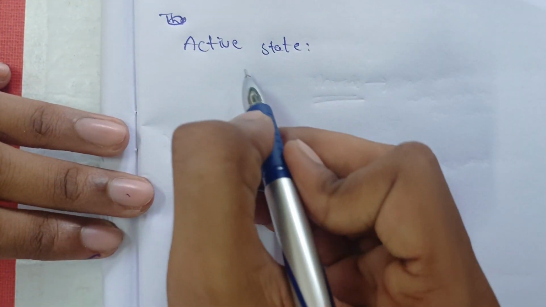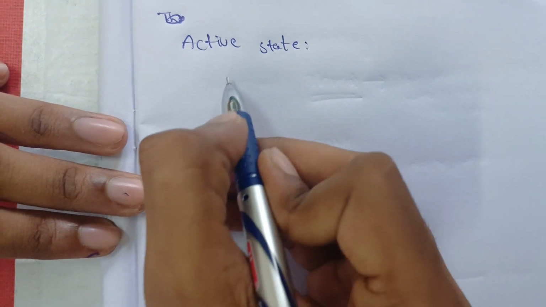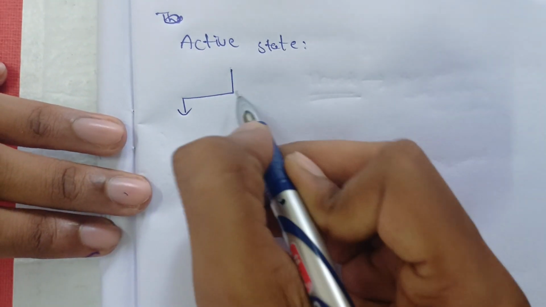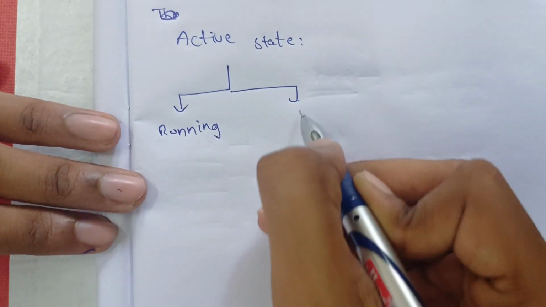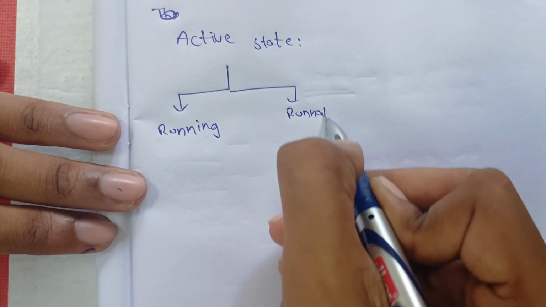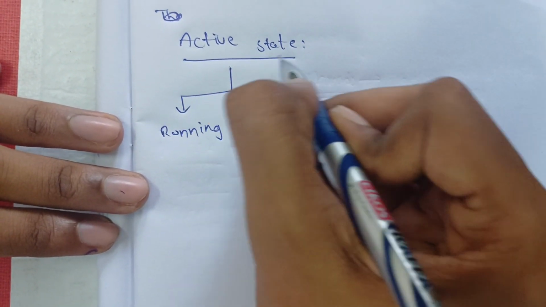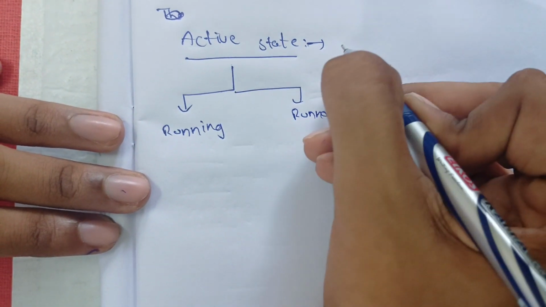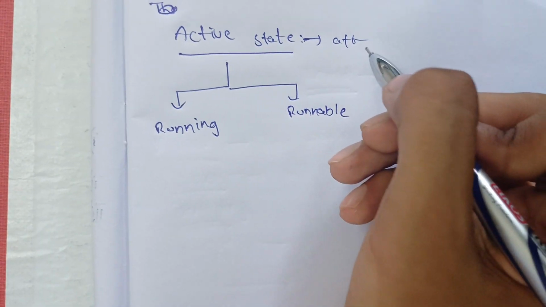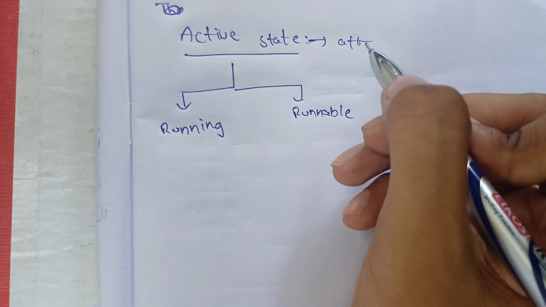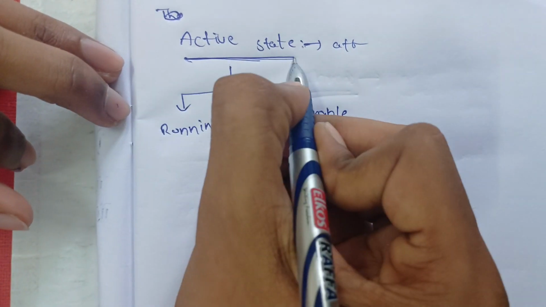After creating a thread, there will be another state called the active state. After creating a thread, it remains in the created state, but after assigning some work it comes to the active state.